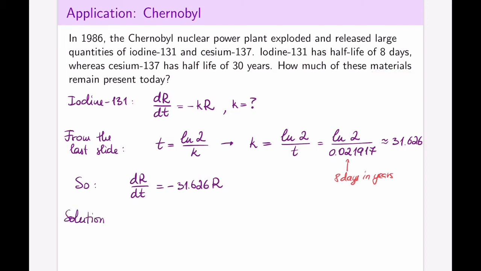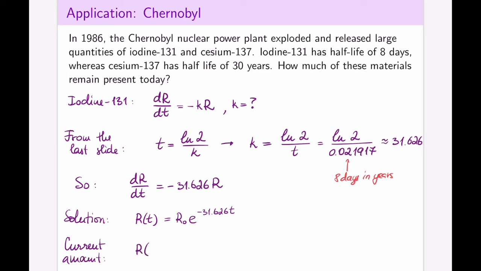Again, recalling that the solution will give me the amount present today is equal to the initial amount, e to the power of the constant, so minus 31.626 t, which means that I can now calculate the current amount by simply plugging in the value for t at which I'm interested.